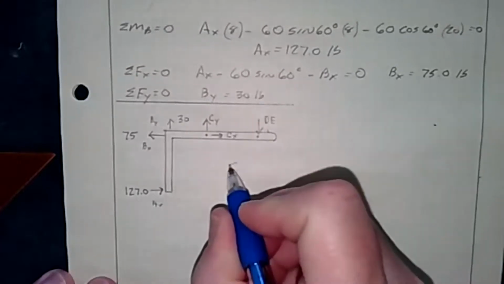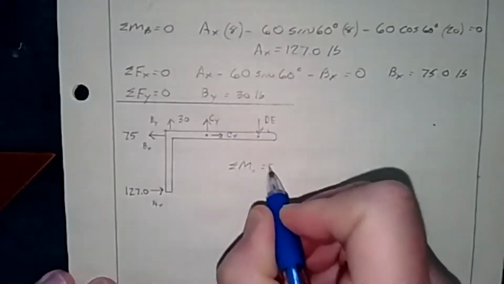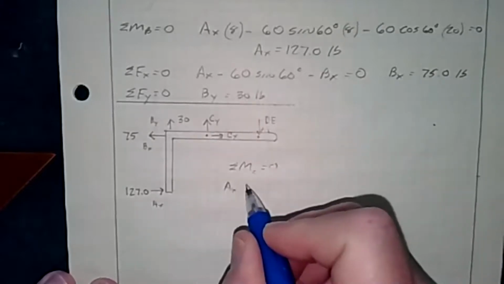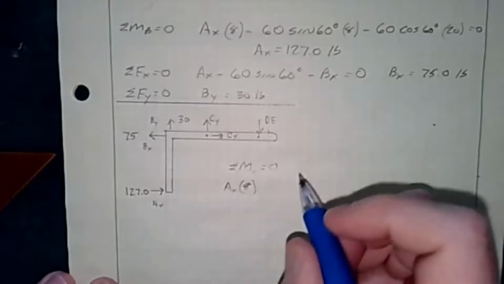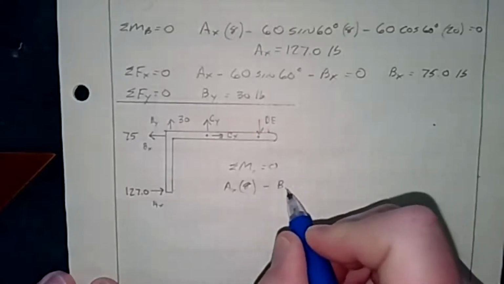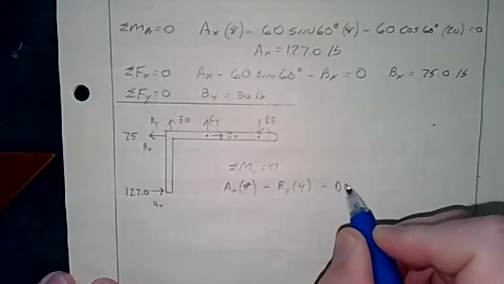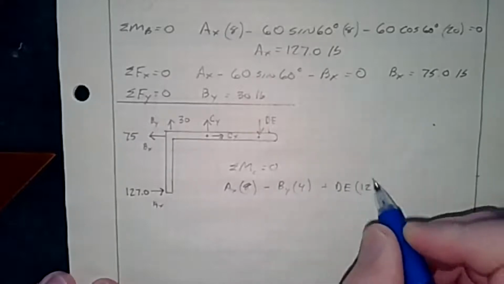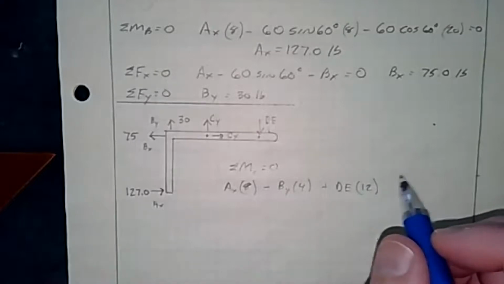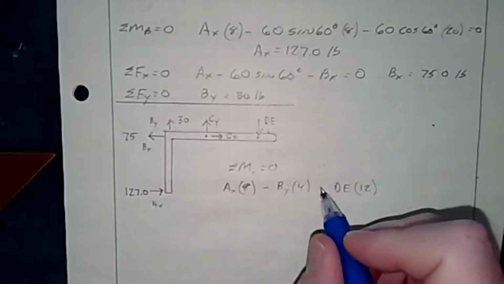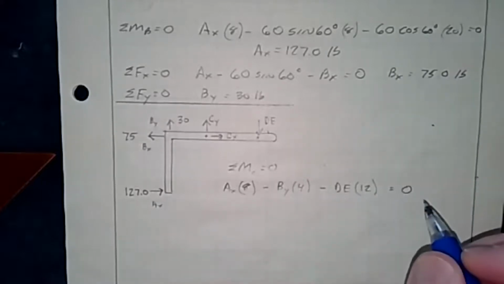So if we sum our moments about C to 0, then we know that AX times 8, I'll just put it in the variable since we know the value, minus BY times 4 plus DE times 12. And actually, since it's going down, I apologize, it should be minus. That'll equal 0.